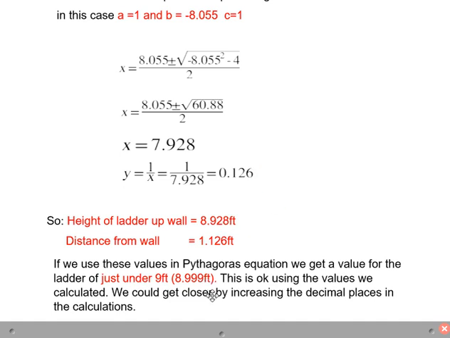We could get closer by increasing the decimal places, but I think that's very close to 9 feet. So the height of the ladder on the wall is 8.928 feet. The distance from the wall is 1.126 feet. As I said before, you could try this yourself. Maybe you can find an easier method than I've used, but I know I struggled for a long time.